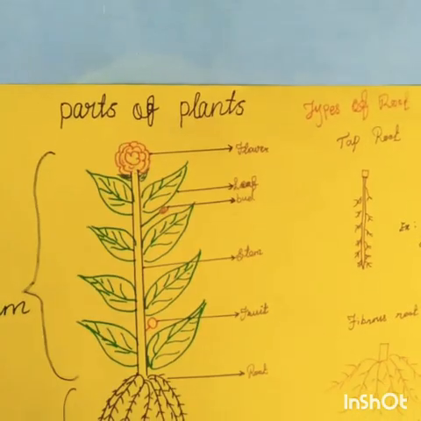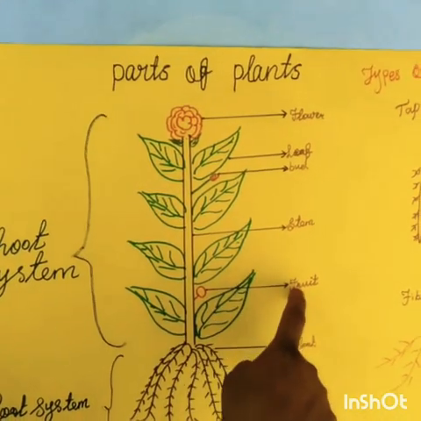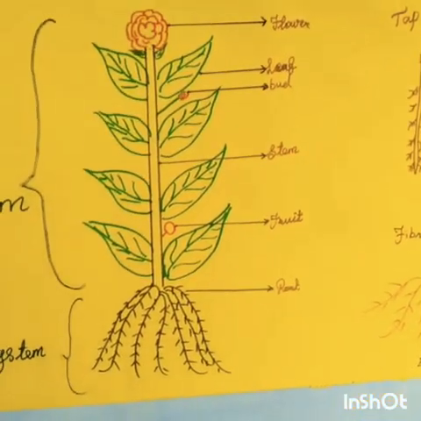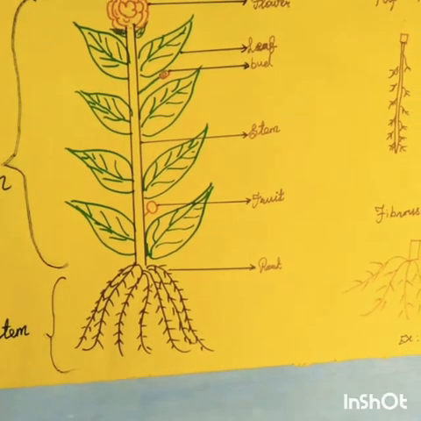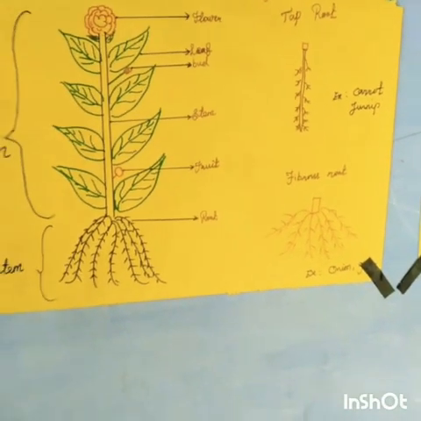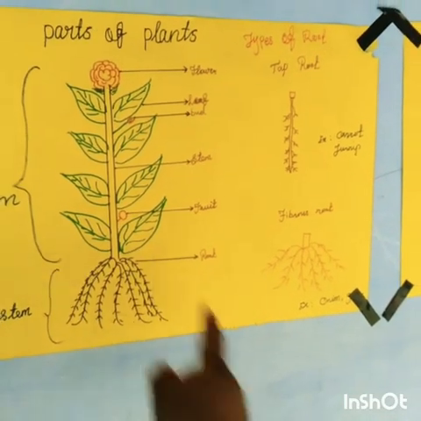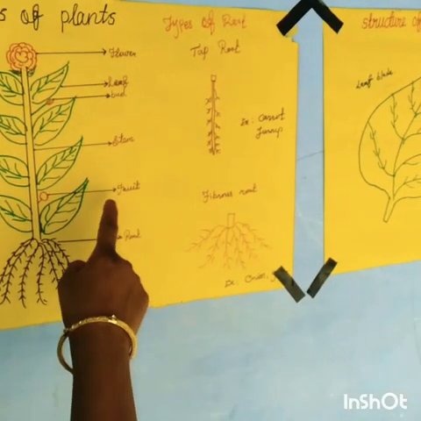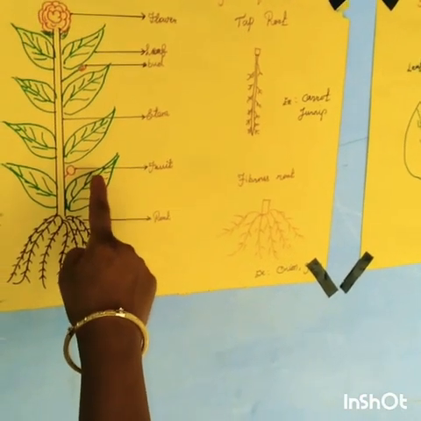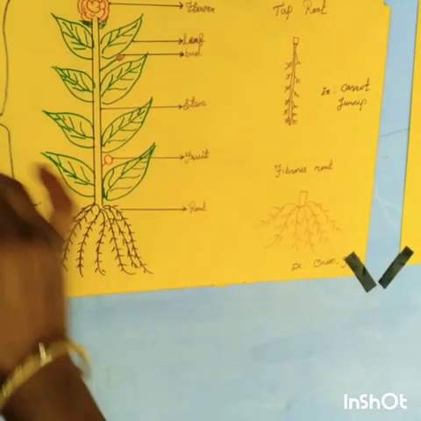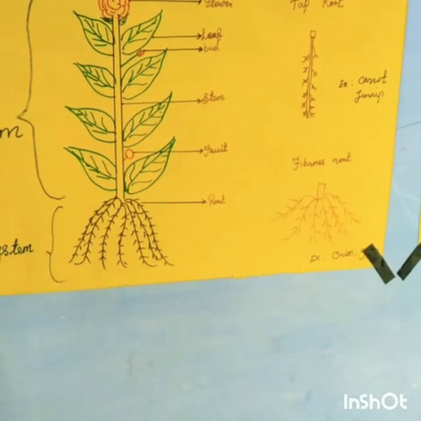Next we go to see another part, fruit. We all like fruits. Fruits are most important for our food system. Some fruits have only one seed.